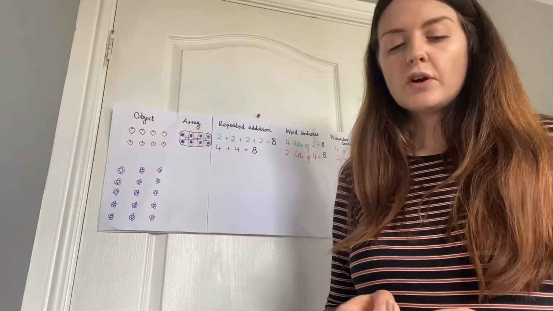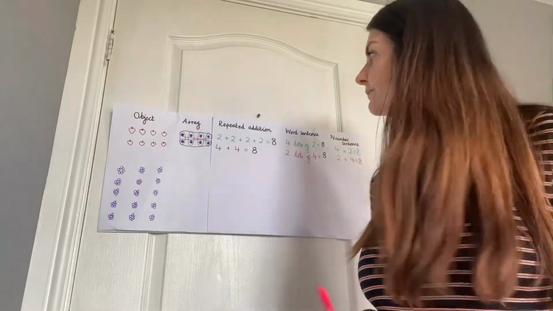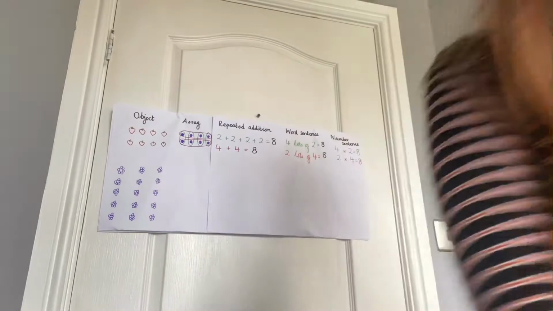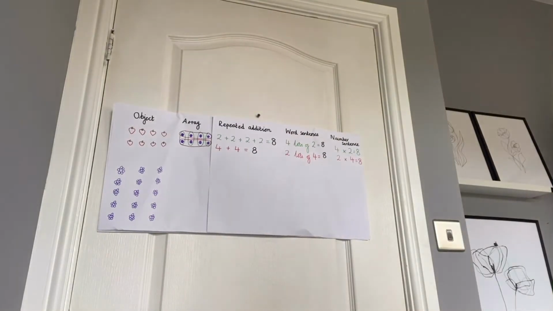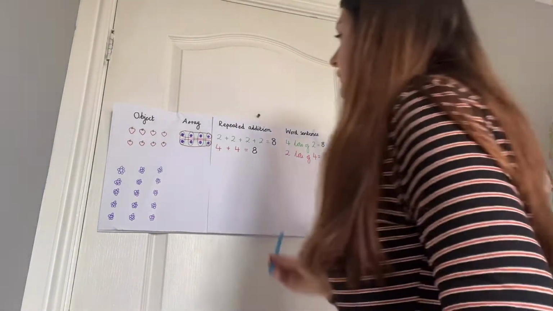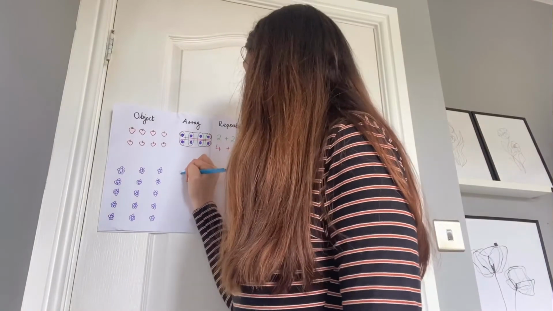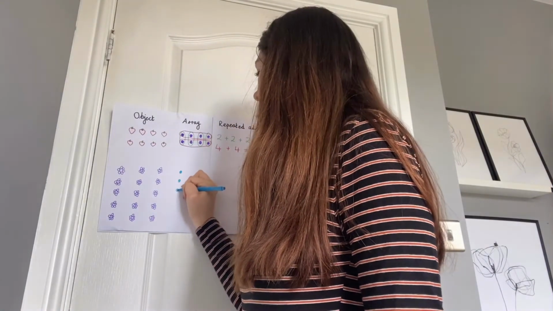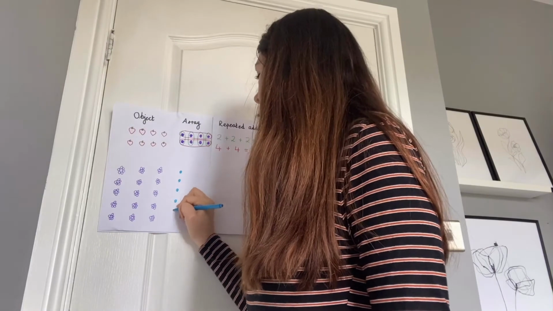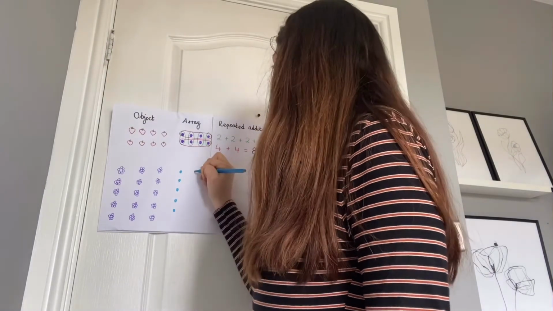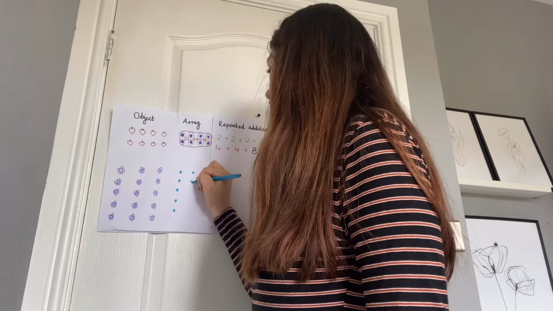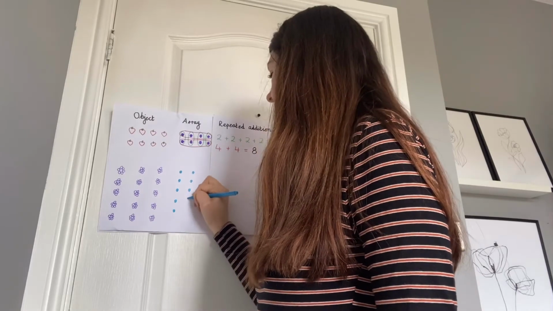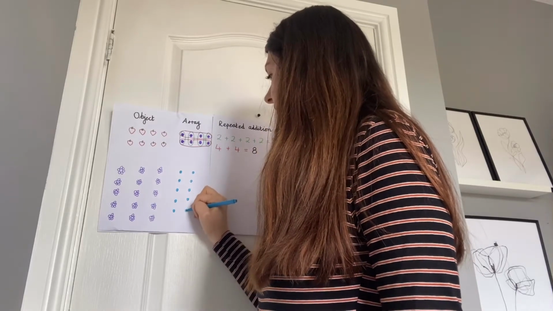Okay, so I'm going to draw that now as an array. Okay, just going to get myself a new colour. So I'm going to draw my groups of 5. 1, 2, 3, 4, 5. 1, 2, 3, 4, 5.